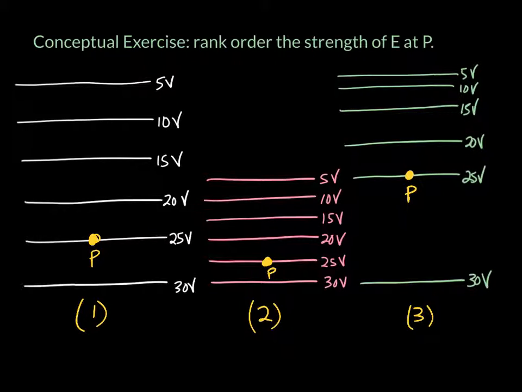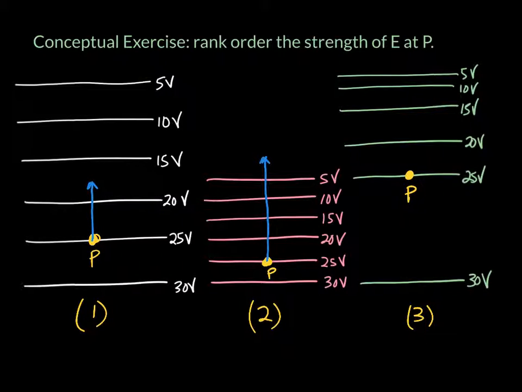In a gravitational analogy, 2's the steepest, 1's the next steepest, and 3 is not that steep at all. So field 2 would have to be really big.